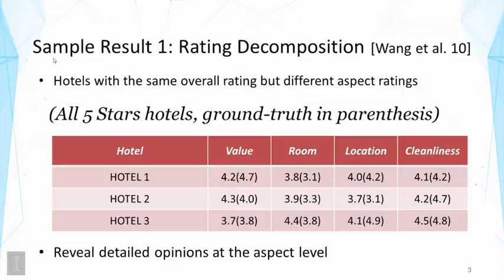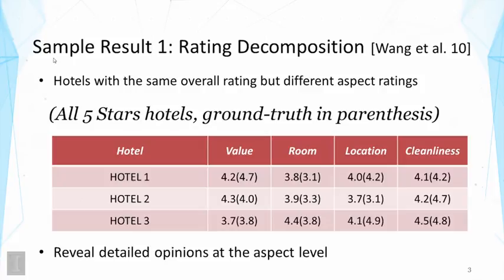So here what you see are the decomposed ratings for 3 hotels that have the same overall rating. So if you just look at the overall rating, you can't really tell much difference between these hotels. But by decomposing these ratings into aspect ratings, we can see some hotels have higher ratings for some dimensions like value, but others might score better in other dimensions like location.